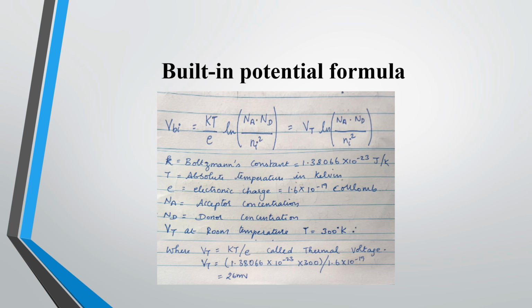This is the built-in potential formula, which is represented by VBI. That is a barrier potential formula.